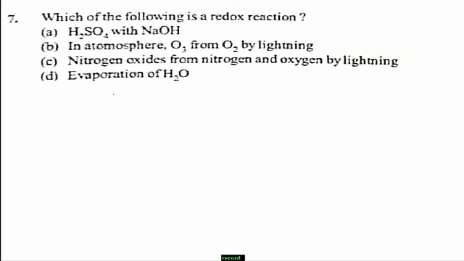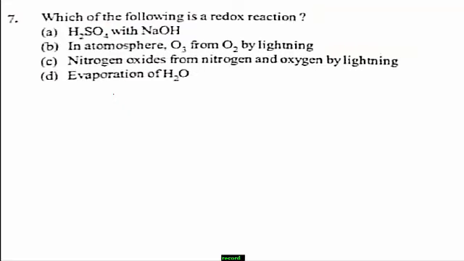And option C, formation of oxides of nitrogen from nitrogen and oxygen by lightning. See this reaction: N2 plus O2 gives 2NO. Students, in N2, nitrogen has oxidation state 0, and in NO its oxidation state is plus 2. Thus N2 is reduced.